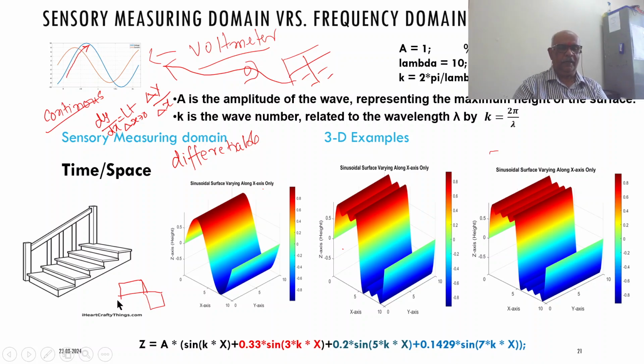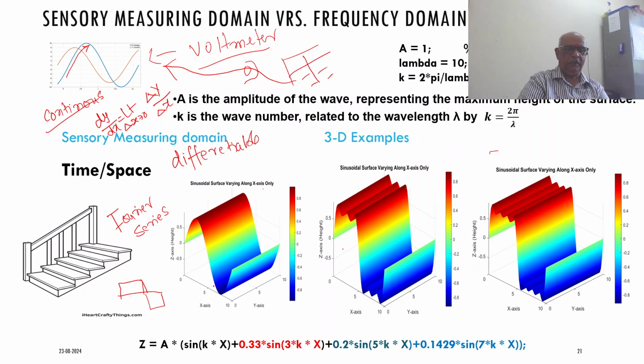So the idea is, can I generate this using sine? One of the famous theorems we talk about is called the Fourier series. So let's do it. Can I expand this kind of waveform in terms of sine? I take a 2D case, and I'm trying to do this staircase mapping.